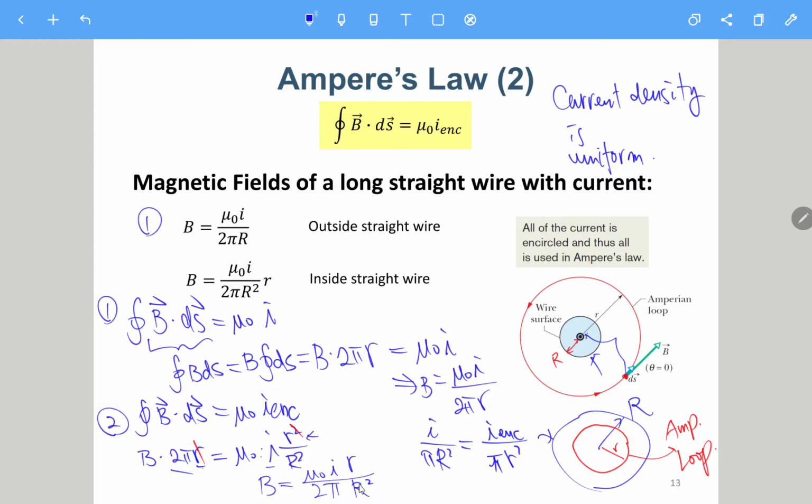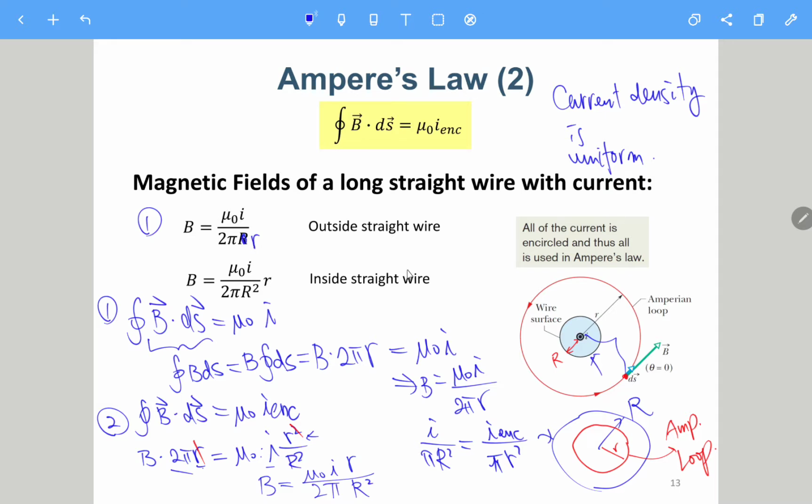This is proportional to r. I should use a small r here rather than capital R, because it stands for the distance from the center to the point we are concerned with.